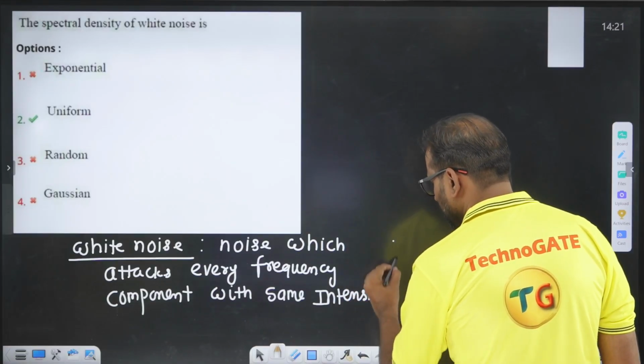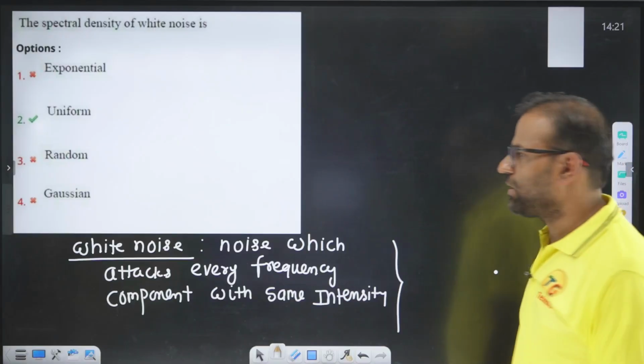A noise which attacks every frequency component with the same intensity is known as white noise.